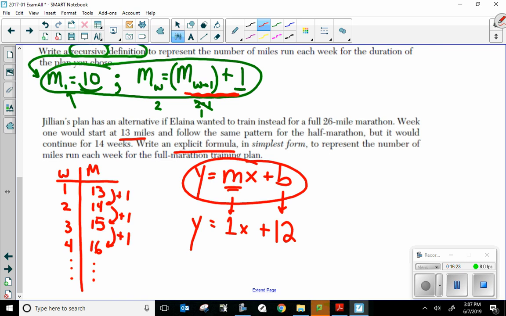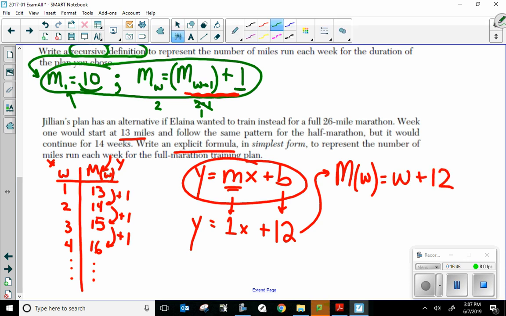All right, so in terms of our problem, instead of y, I'm going to use M of w equals, and instead of x, remember this is my x, this is my y, this should be M of w. I'm going to use a w now, so it's going to be 1w plus 12. So let's see if this works.